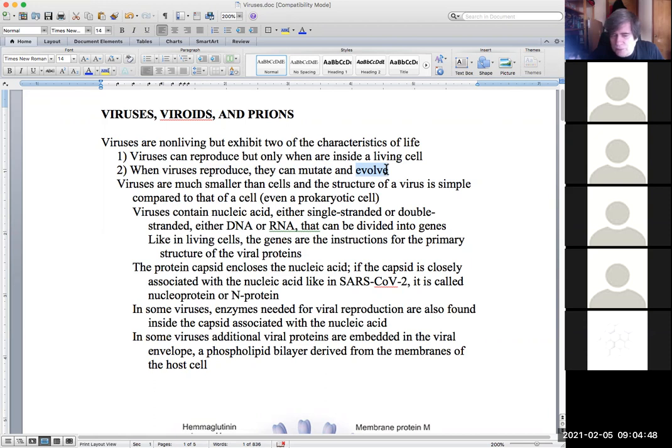They reproduce and they can evolve. Some viruses evolve very quickly. I'm sure you've heard in the news about new strains of the SARS-CoV-2 virus, the UK variant, the South African variant, the Brazil variant. These different variants, these are mutations that have occurred.